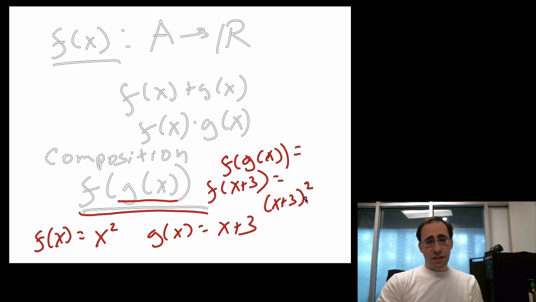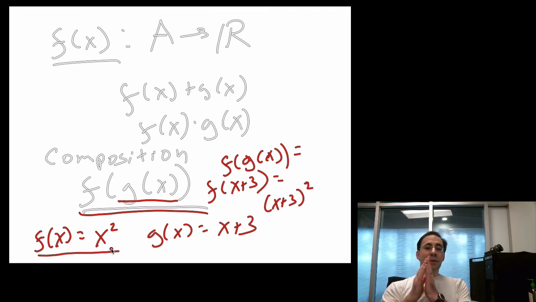Now let me take a step back, because this can be confusing for people who haven't seen this before. When you say the function is x squared, what you're saying is, take whatever argument I have in my function and square it. It doesn't have to be just x. X is a stand-in for anything. So if I take the number 7, I square it.